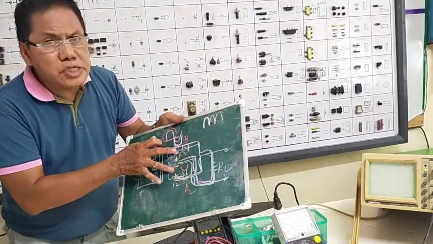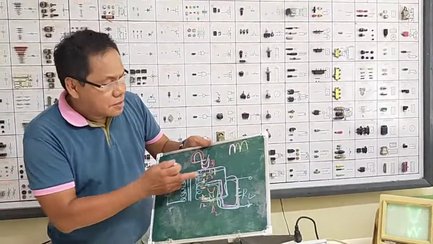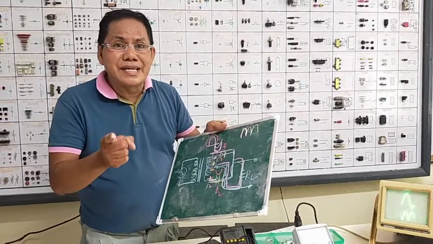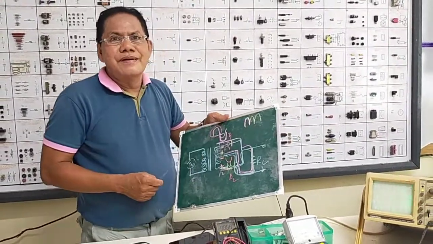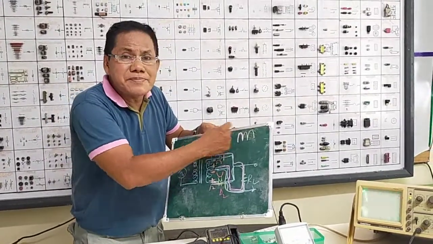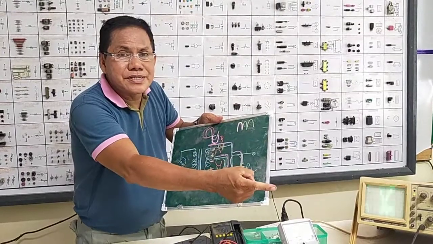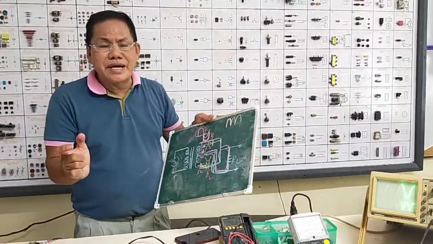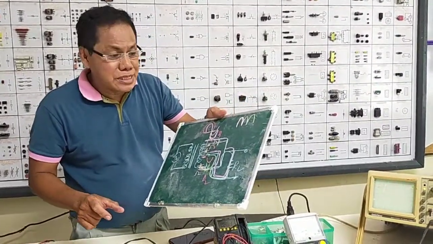So the two diodes alternate in conduction. This diode conducts 60 times in 1 second, for there are 60 positive half cycles. And there are also 60 negative half cycles. So both diodes operate alternately. They are not operating at the same time or simultaneously.